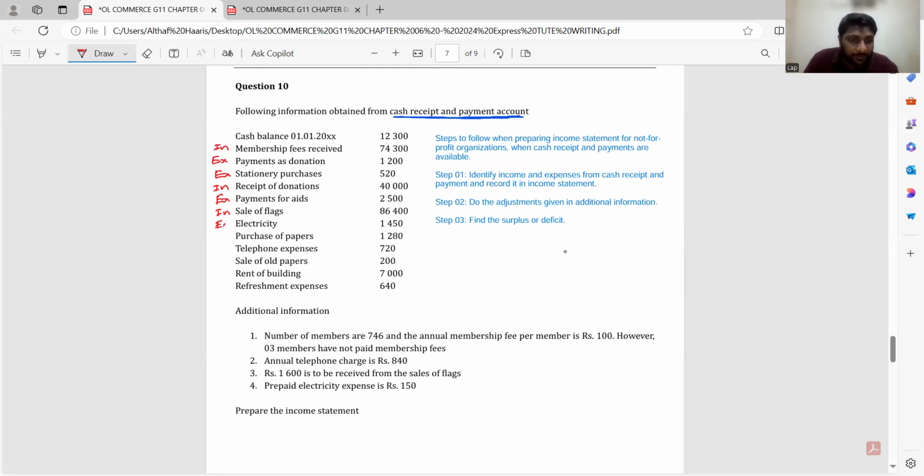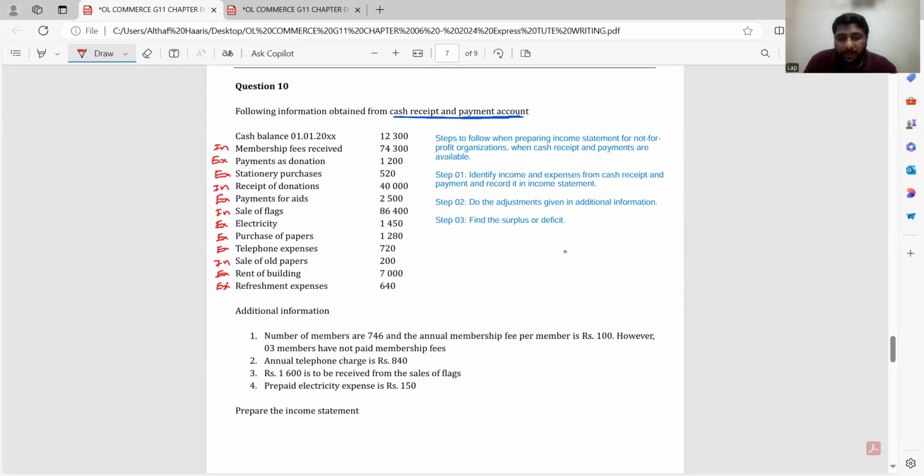Electricity connected with expenses, purchase of papers connected with expenses, telephone connected with expenses, sales of old papers connected with income, rent of the building connected with expenses, refreshment connected with expenses. So people, we understood which items are connected with income and which with expenses.